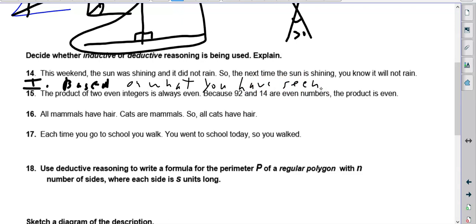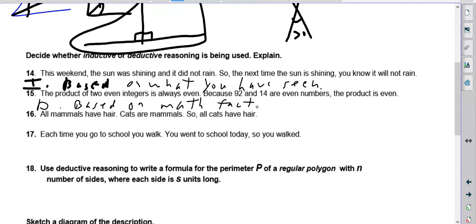Okay? The product of 2 integers is always even. So that's your statement of fact. Based on this, because 92 and 14 are even, the product is also even. That's deductive reasoning. It's based on a mathematical pattern or fact.